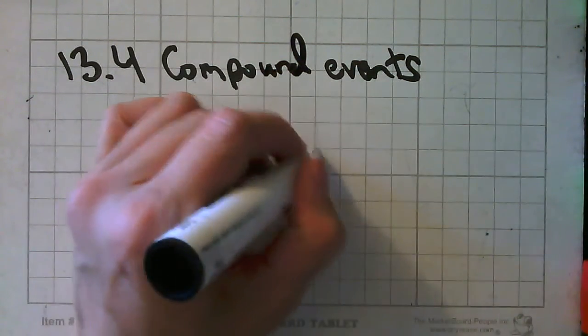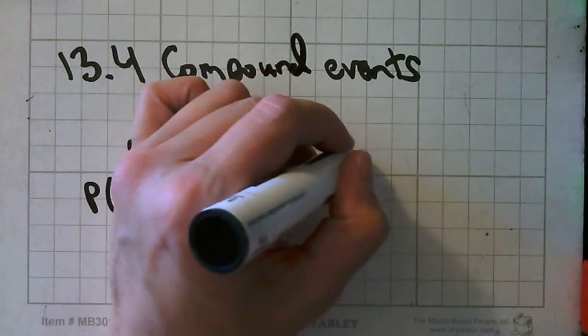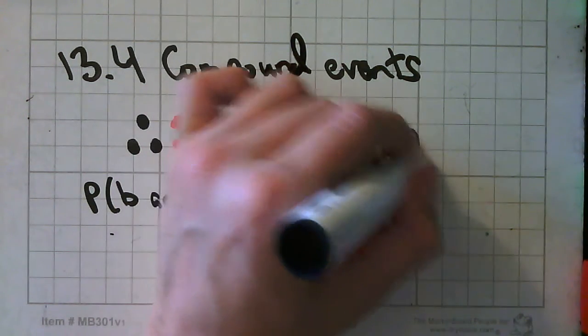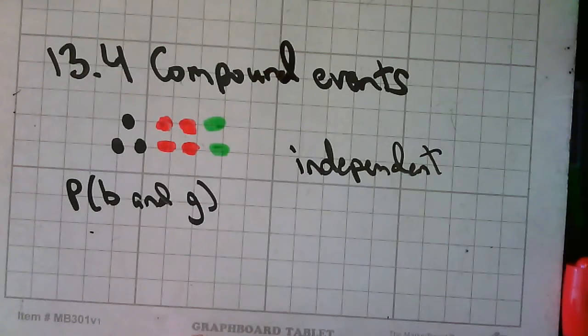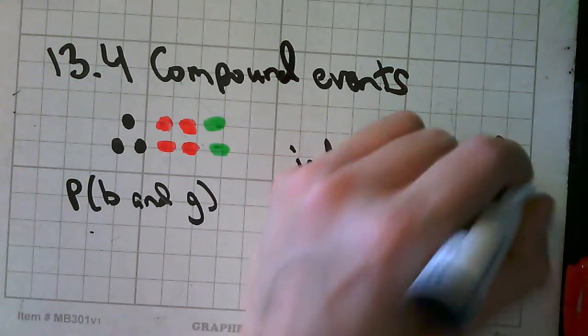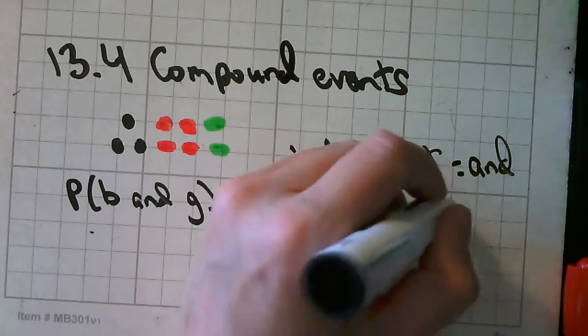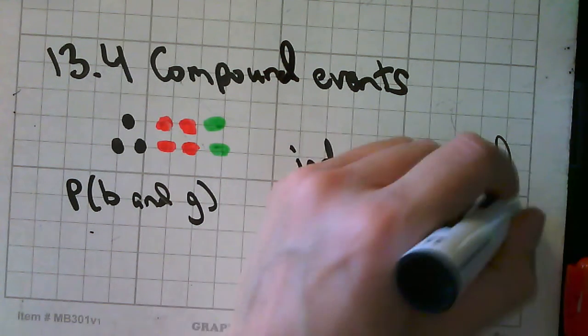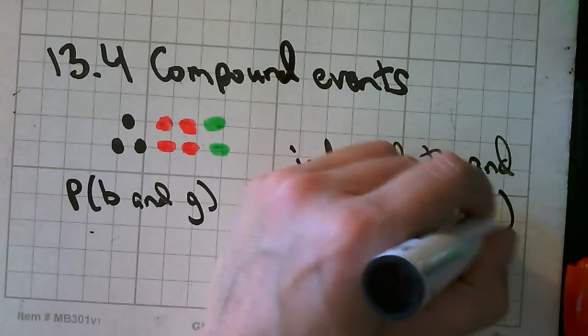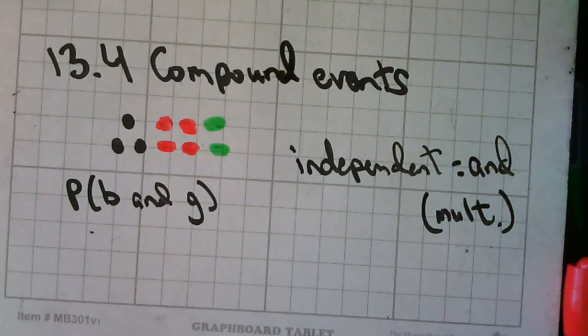Usually if they tell you something is an independent event, they're usually telling you that this is going to be an and statement. And if it's an and statement, this is going to tell you that you're going to multiply. So here we're going to multiply.